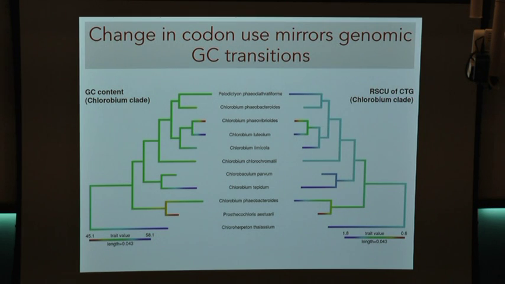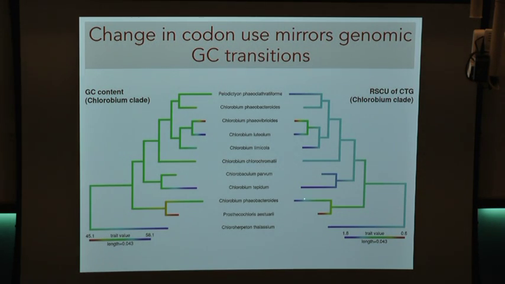So here's a closer look at a smaller clade within this phylogeny. Here's the Chlorobium clade, and a few species at the tips, again colored according to the GC content. And on the right side is the relative codon use of the CTG codon for a specific amino acid. What you see is that as this particular codon gets used increasingly, and it's a G-rich codon relatively speaking, the alternate codon is CTA, which is relatively A-rich.